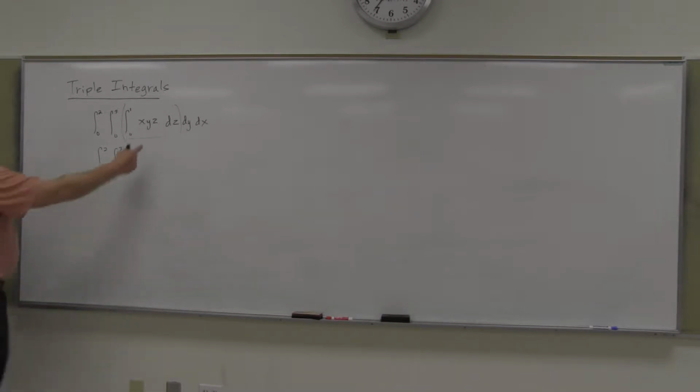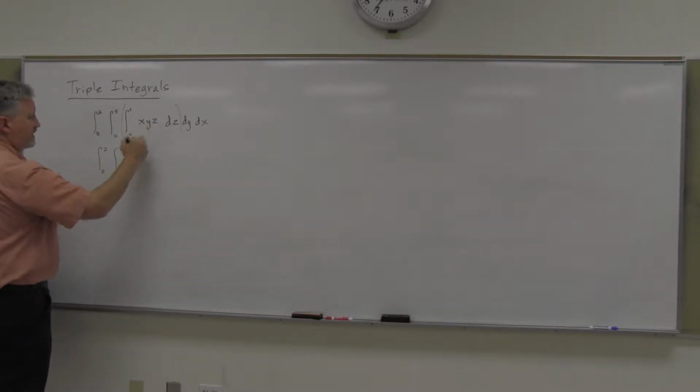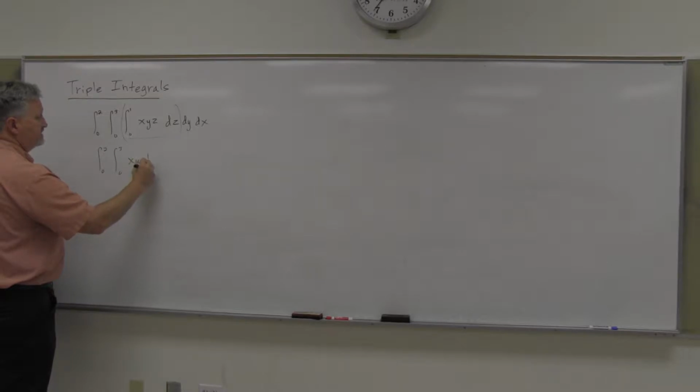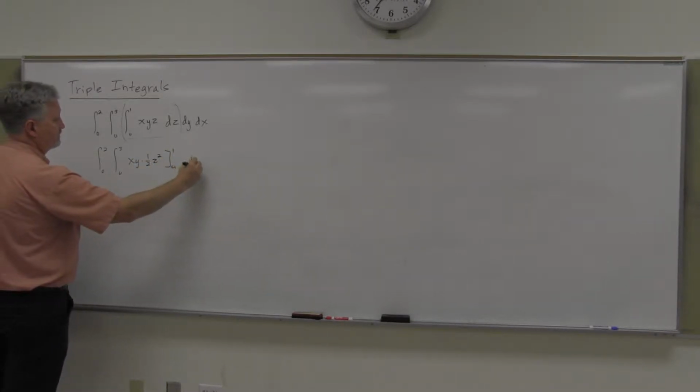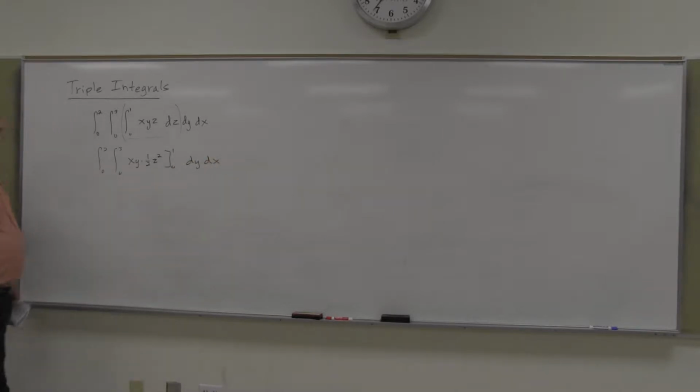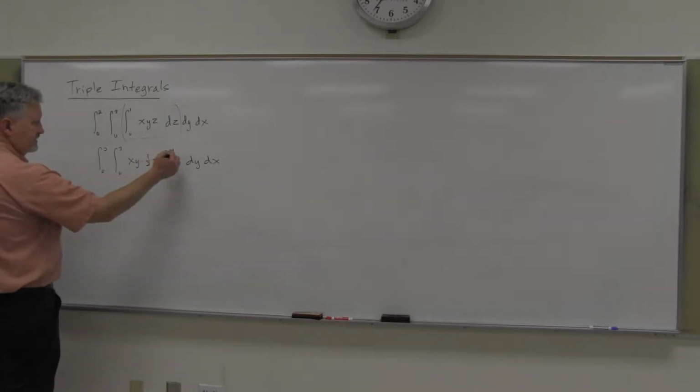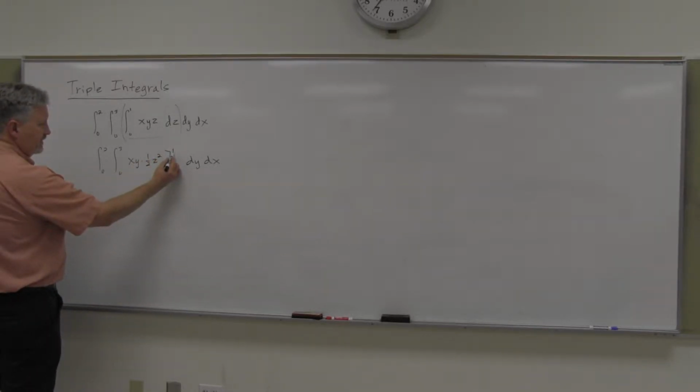So the antiderivative would just be xy times 1/2 z squared, right? And do that from 0 to 1. And we'll do our y's and x's in that order next, right? So these limits are for z.